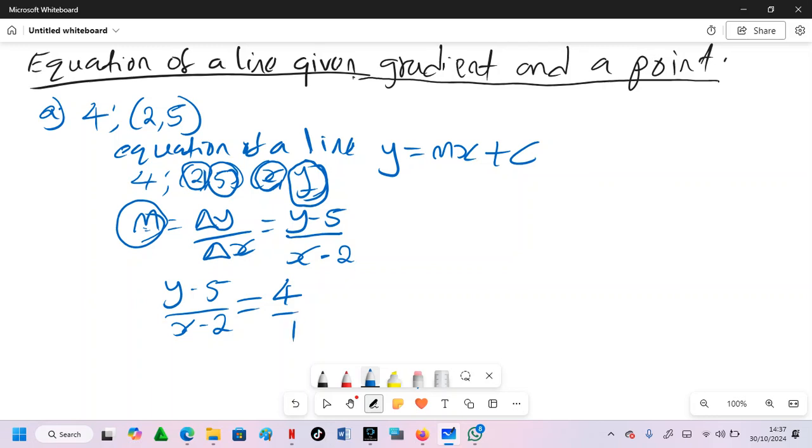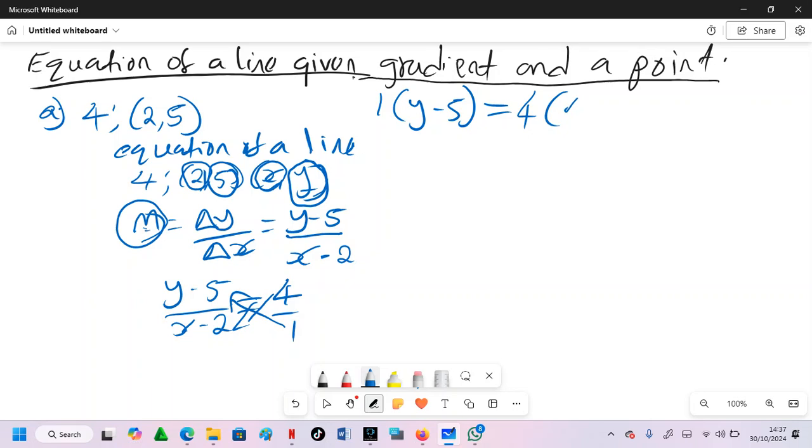And of course, what comes next is simply cross multiplication. So 1 multiplied by (y minus 5) is equal to 4 multiplied by (x minus 2).